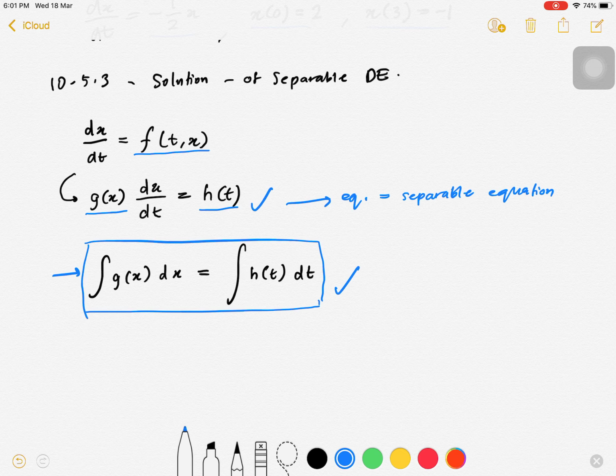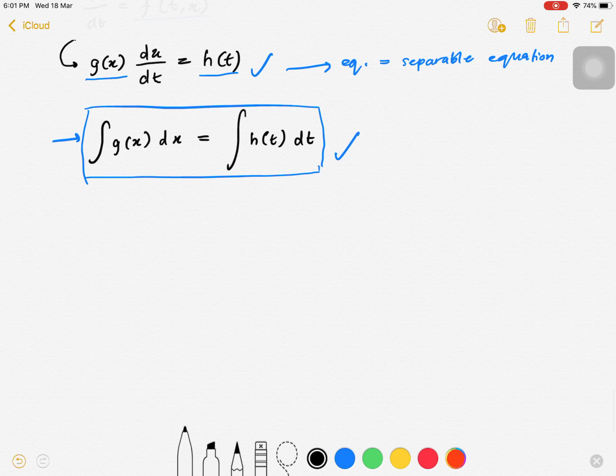To understand, we go to the example, example 10.13. We have the equation dx/dt equal to 4xt, and x is bigger than 0.